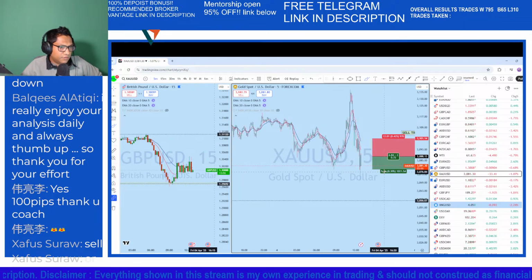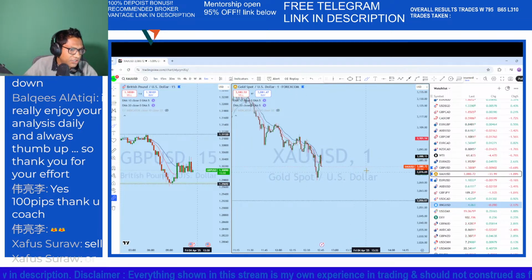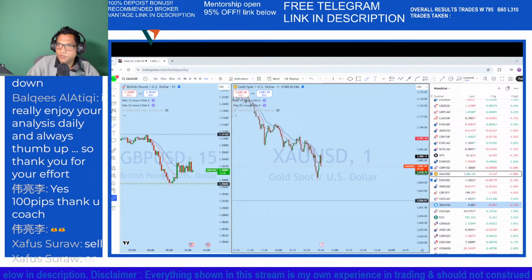And yeah, may remain bearish. This is a bearish price action. Still bearish price action.